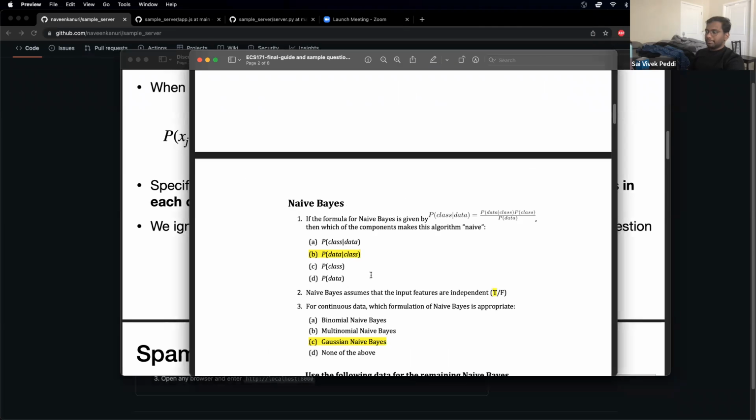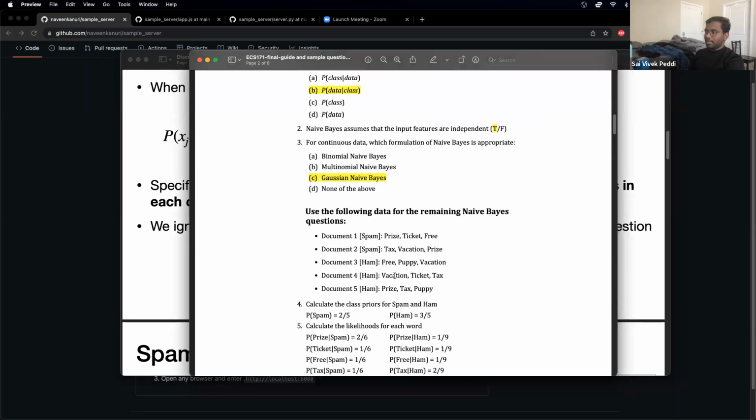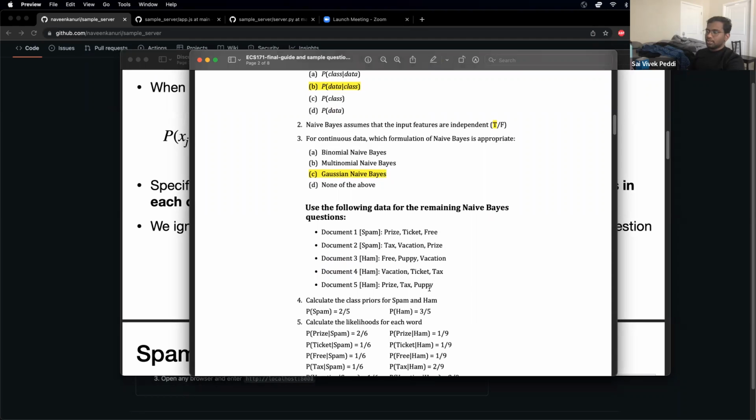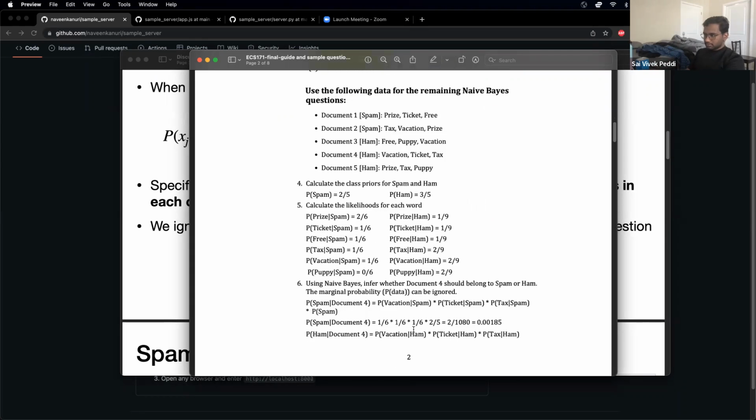In D4, we have vacation, ticket, and tax. Using the naive Bayes independence assumption, we can split vacation, ticket, and tax as independent variables, and compute it as probability of vacation given spam times probability of ticket given spam times probability of tax given spam. And finally, you multiply it with probability of spam, right?